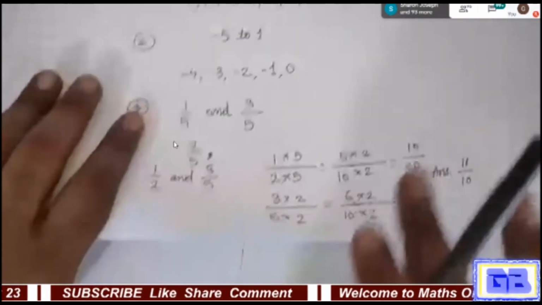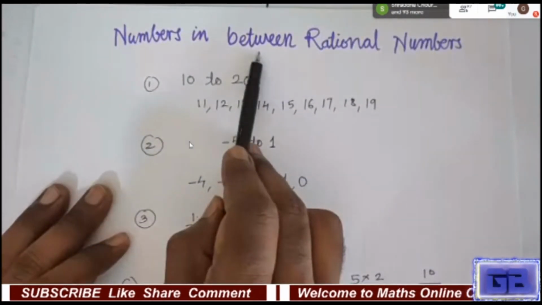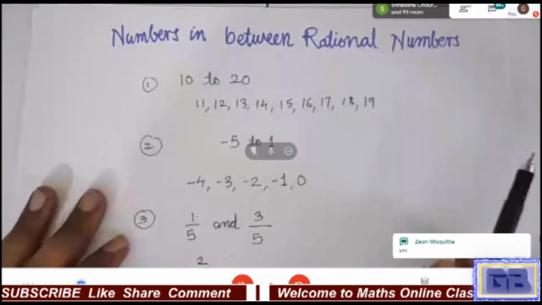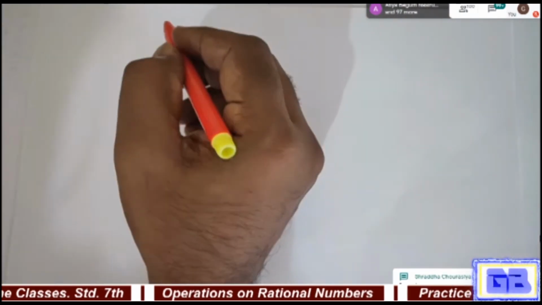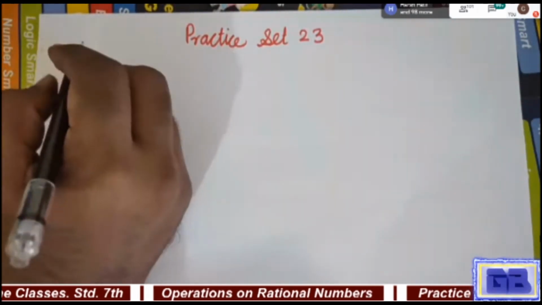So today we are learning numbers in between rational numbers. Okay, start writing practice set 23. Question number 1.